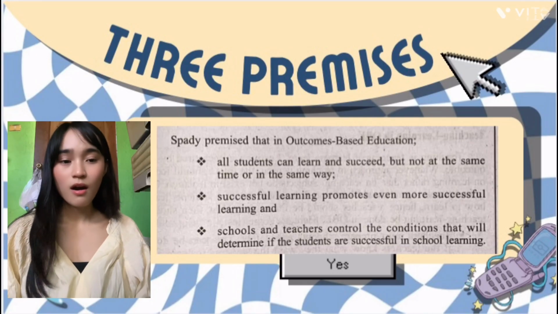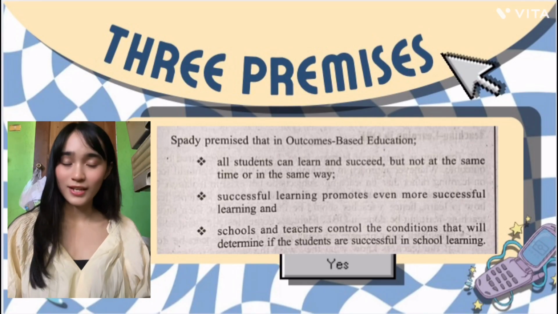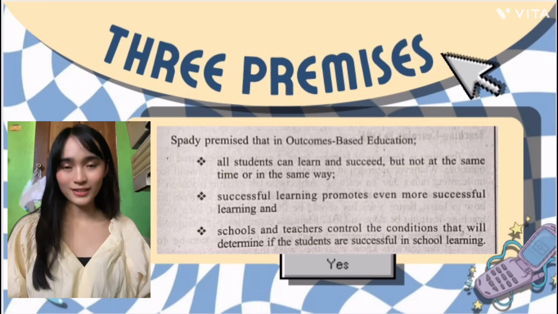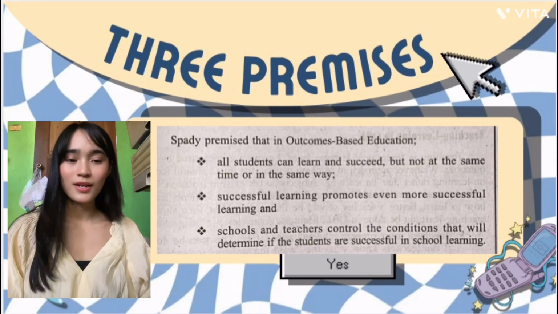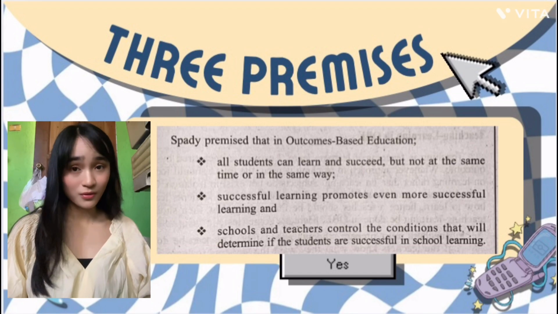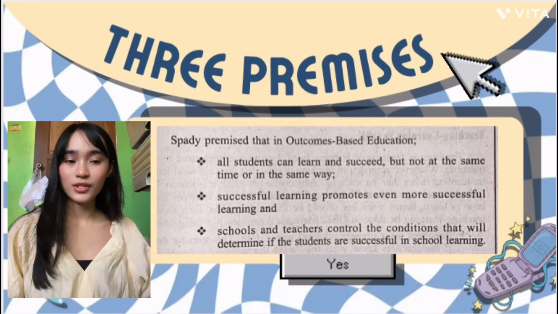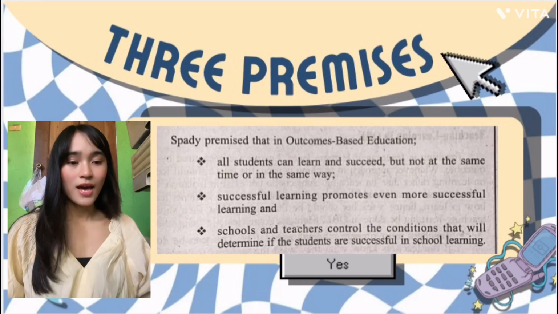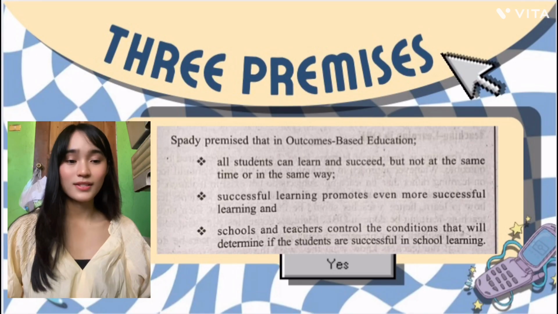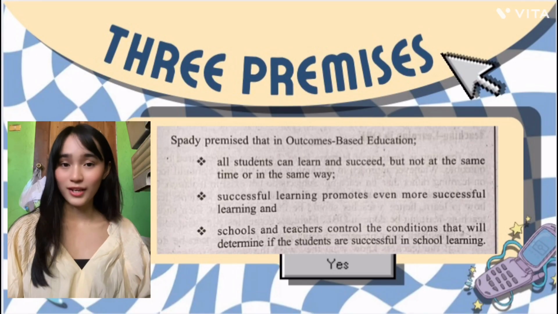The first one, all students can learn and succeed, but not at the same time or in the same way. Number 2, successful learning promotes even more successful learning. And number 3, schools and teachers control the conditions that will determine if the students are successful in school learning.